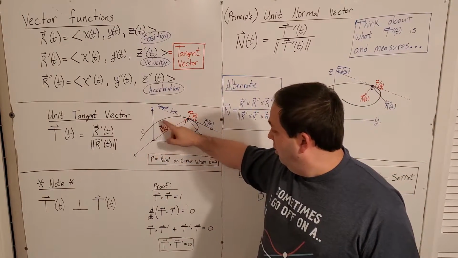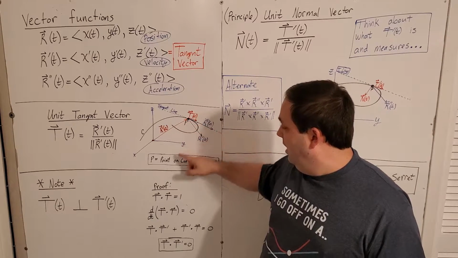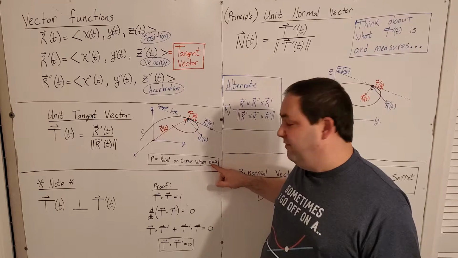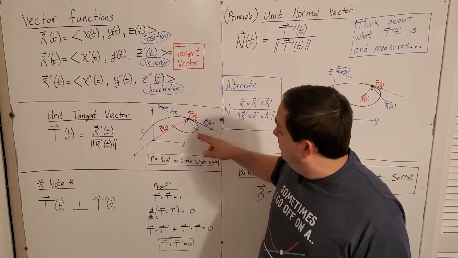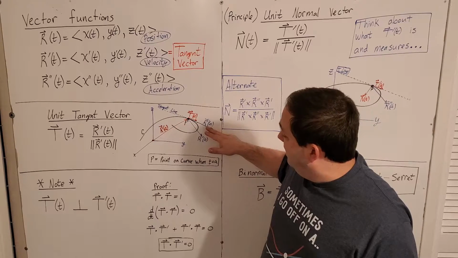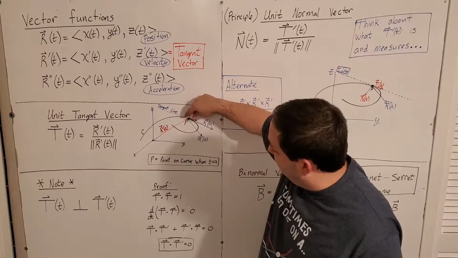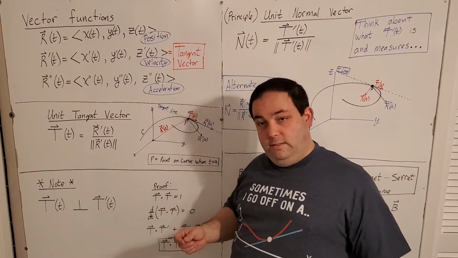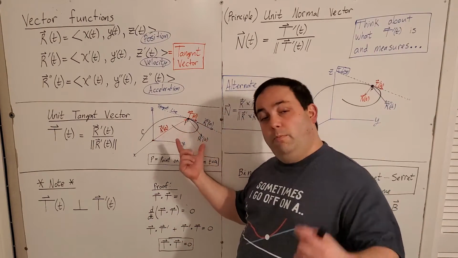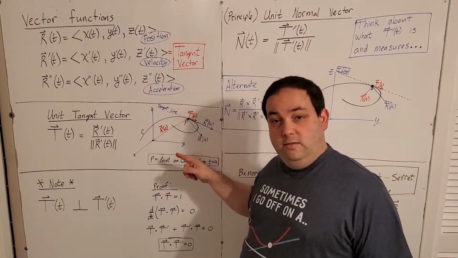So if this is your curve, right, and I pick some point to be whenever t is some value a, then the r prime evaluated at a is going to give you some vector that's going to be tangent to the curve at that point, okay? And the vector is just going to point in the direction that the curve is oriented, okay?